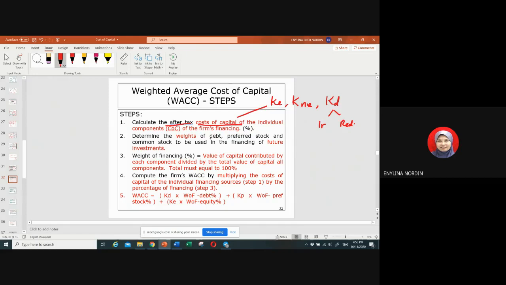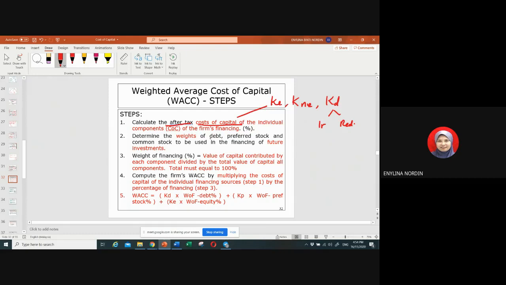The weightage of financing is the percentage of the value of the capital contributed by each component over the total capital requirement. Later on we will do the example. And then after that we can proceed to calculate the WACC.